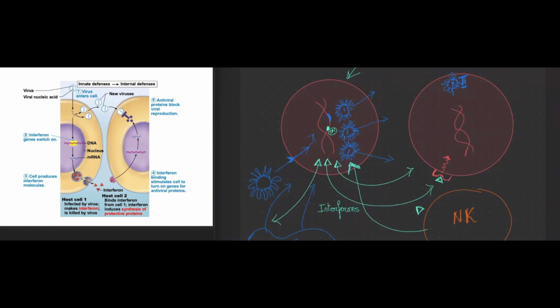Once released from the cell, those interferons bind to surface receptors on the neighboring cell to enhance them to produce antiviral proteins to block the entrance and the reproduction of the virus.